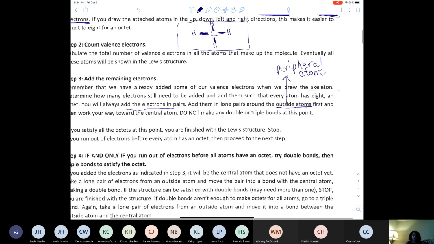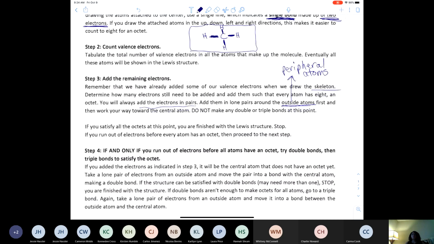Your Lewis structure is correct, and you don't need to move on to step 4. But if you run out of electrons before all of the atoms have an octet, meaning you don't have enough electrons in your structure, then you need to include double bonds in your structure, or even triple bonds if you need to go a step further than that in order to satisfy the octet.